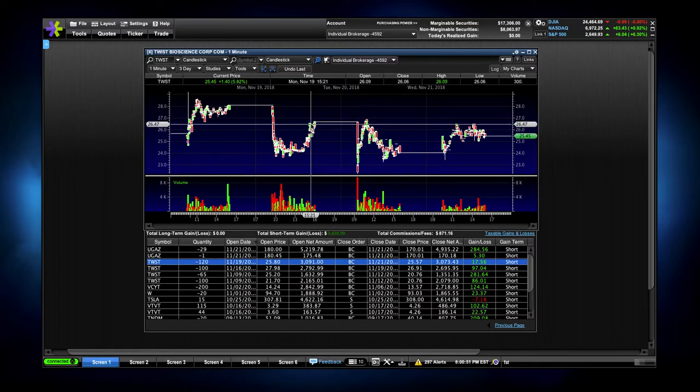That was my intention. That was my original plan to short this, and I explained that in the watch list for our members. This is not an amateur trade, it's for more advanced traders.